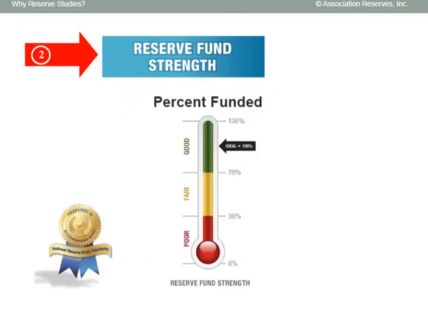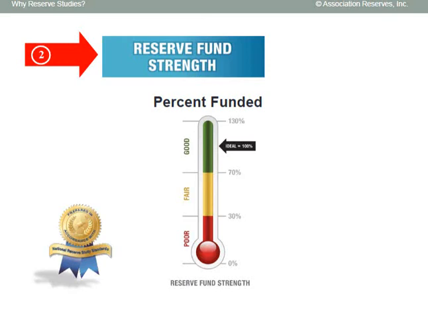It's important to know that number because the percent funded, the term by which we measure reserve fund strength, reveals the size, because we don't report reserve fund strength in terms of cash. It's reported in terms of a balance between the reserve fund size and the deterioration size.